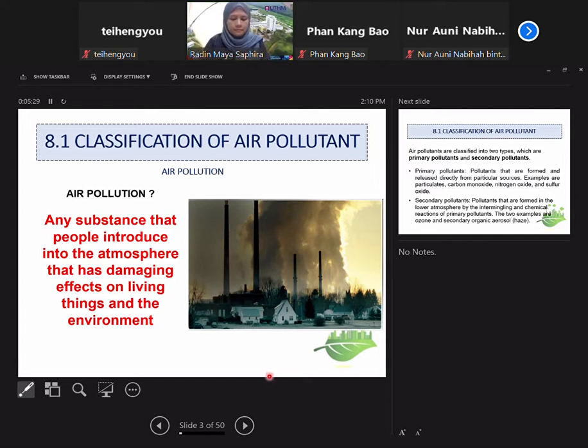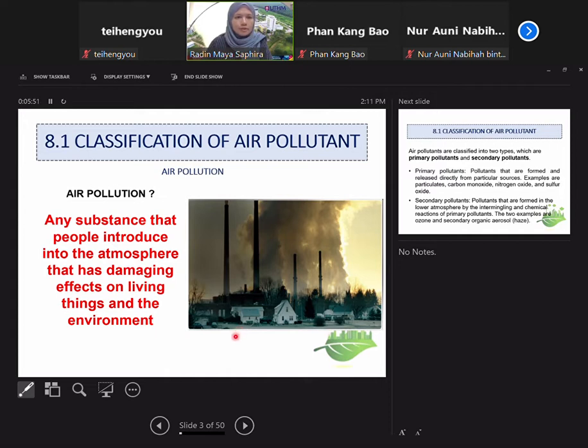Sebab udara tak boleh dilihat. Yes, tak boleh lihat. So this is a very complex situation when we actually have bad air pollution but we did not notice because some of the gases are colorless. Itulah cabarannya.